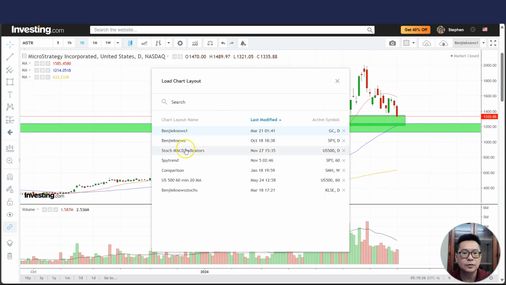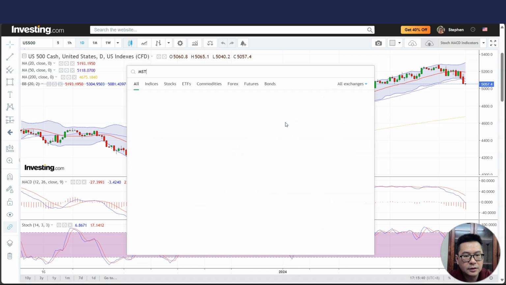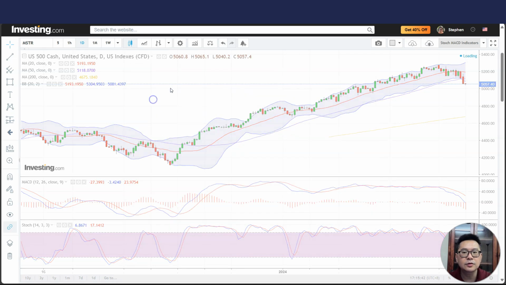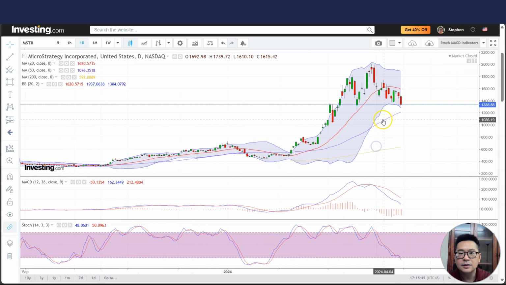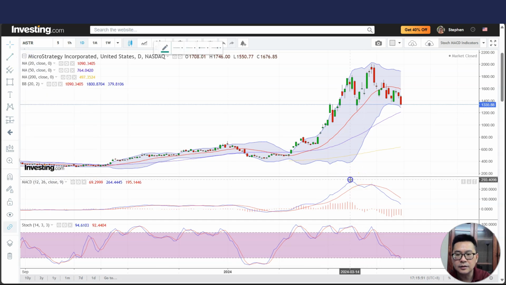Now, let me just show you the stock indicators for Microstrategy. You can see that there was actually a bearish divergence in the MACD lines.